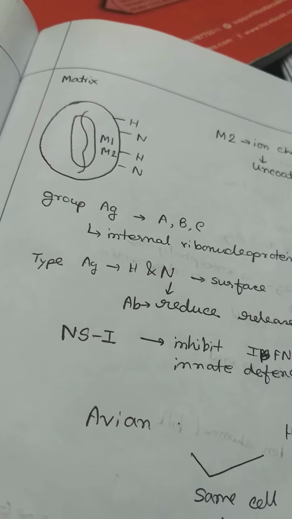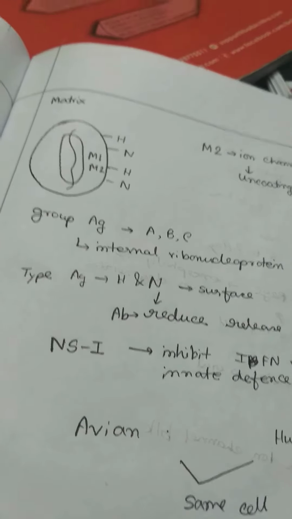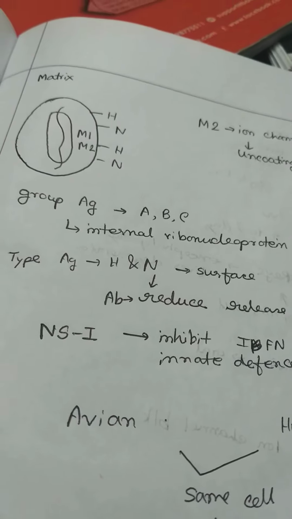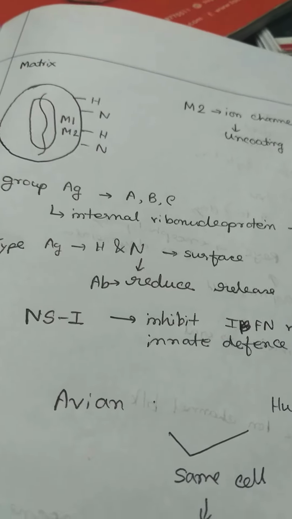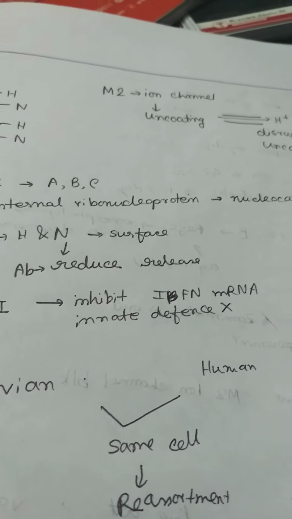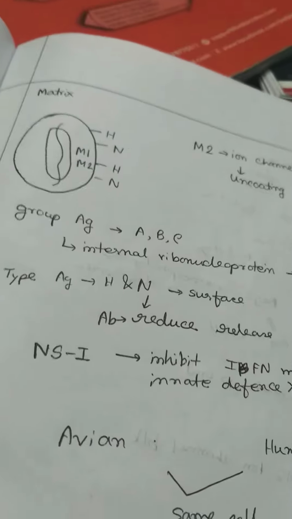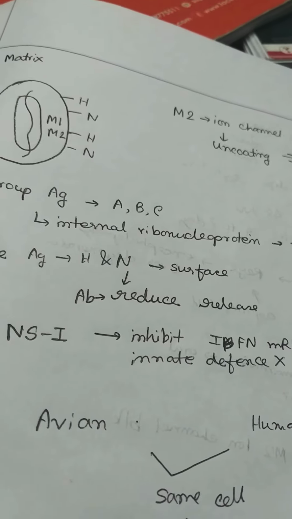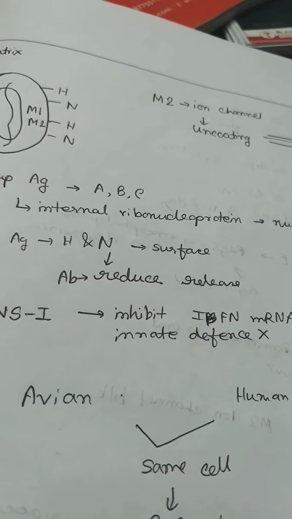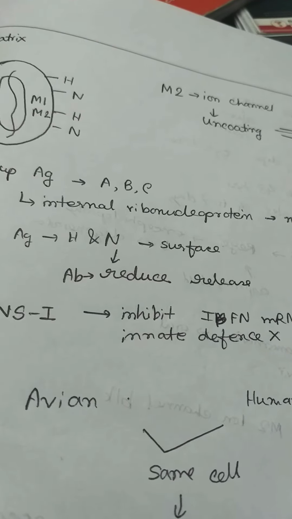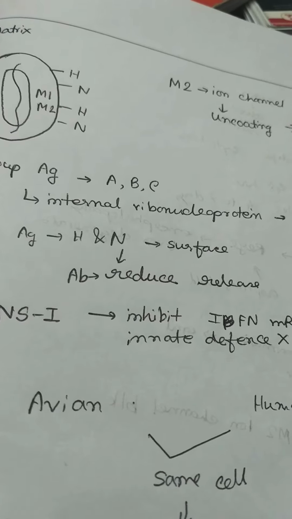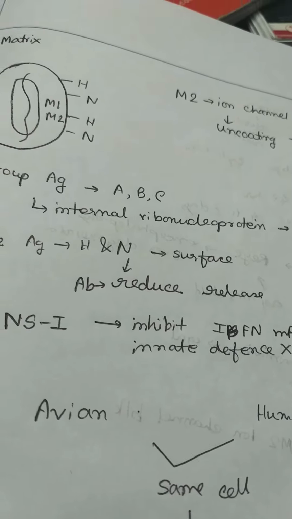The influenza virus is categorized according to group specific antigen and type specific antigen. I have already told you the group specific antigen is due to the internal ribonucleoprotein in the nucleocapsid, which divides it into three groups A, B, and C. The type specific antigen is on the surface glycoproteins, that is hemagglutinin and neuraminidase.